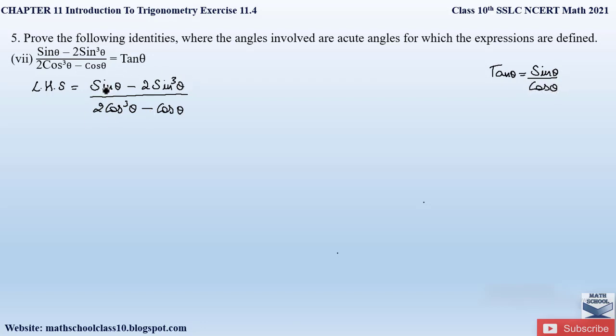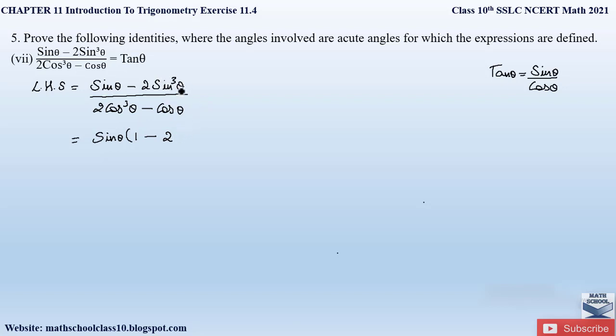In the numerator you can observe we have sin theta minus 2 sin cube theta. So we can take sin common in the numerator. Similarly we can take cos common in the denominator. So we have sin theta, when we take it out common you will be left here with 1 minus 2. Here we have sin cube theta.